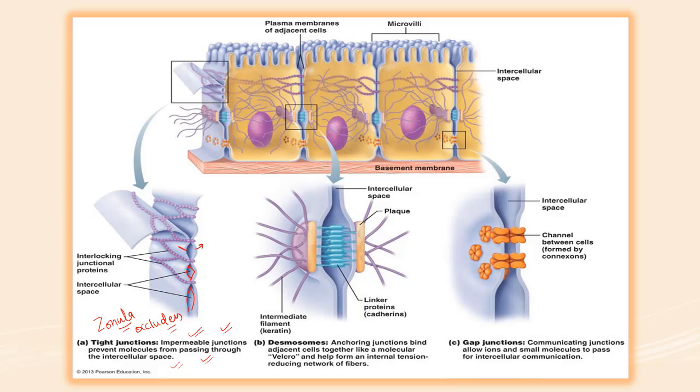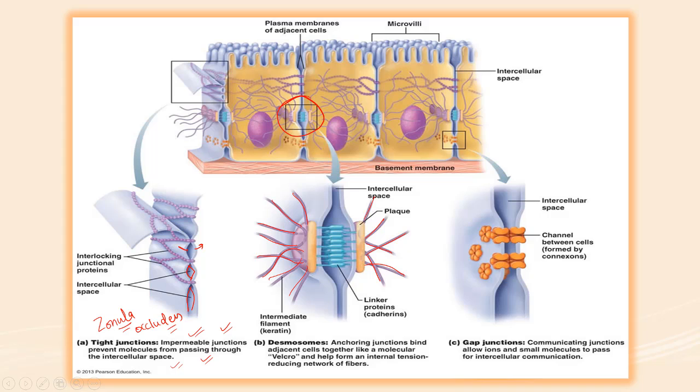Understood? Now you can see, just enlarge this picture. These are desmosomes, with radiating filaments, tonofibrils, everywhere. All these are desmosomes. They have different types of proteins: the intermediate filament protein keratin, and linker proteins, cadherins, which are adhering proteins.